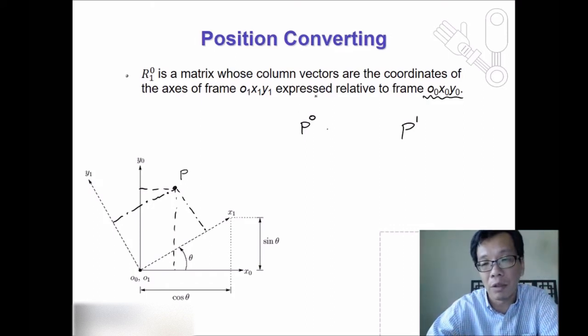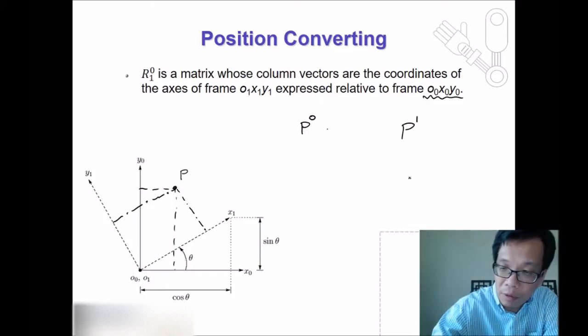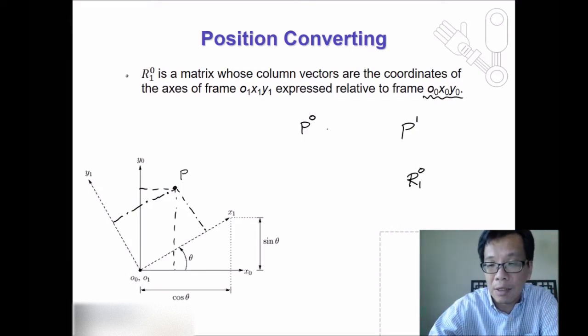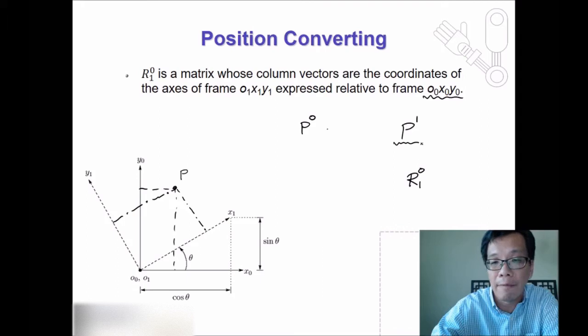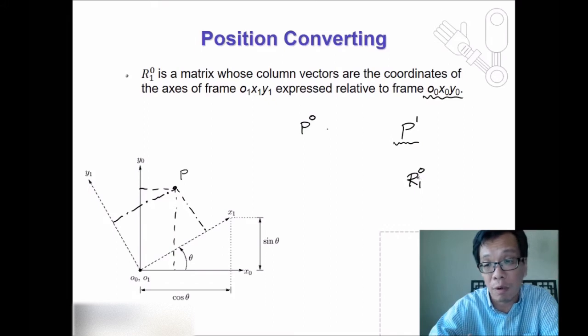So we need to know the R1,0. This is the first frame described from, the reference observed from the zero frame. So if we try to convert this one to the zero frame, then we need to use this one to do the conversion or transforming.